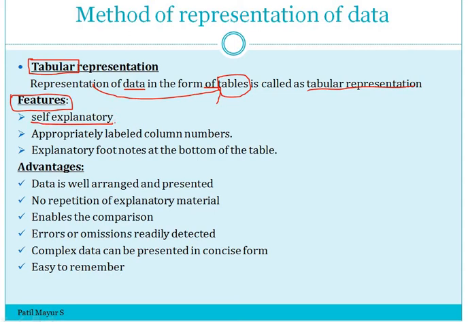It means if we see the table, you will be able to get what is given there. You need not see the paragraph written below or above that table. The table itself gives you the information. Therefore, it is considered self-explanatory.